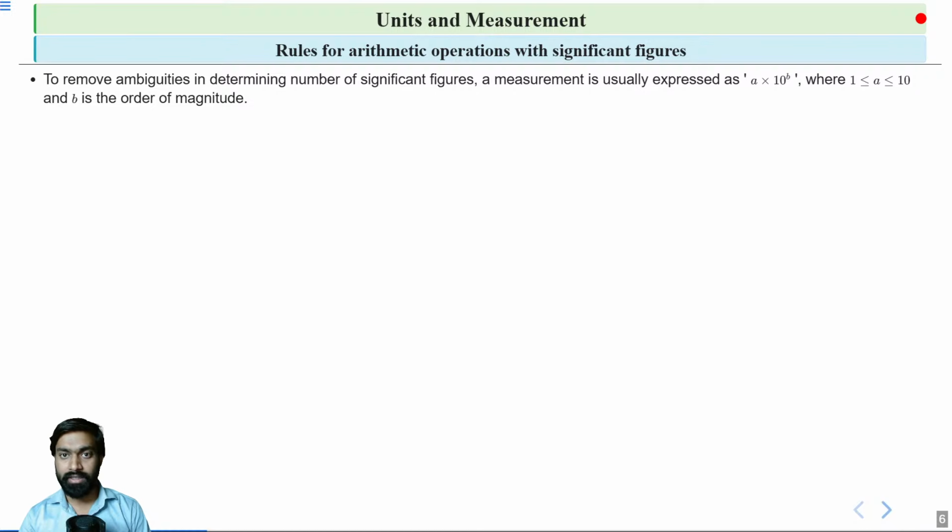It can also be a decimal, and here we only need to write significant figures. The rest is 10 to the power b, where b is the order of magnitude. As you might have seen, 9.1 times 10 raised to the power minus 31 kilogram is written like this. So 9.1 is a and minus 31 is b. Clear?